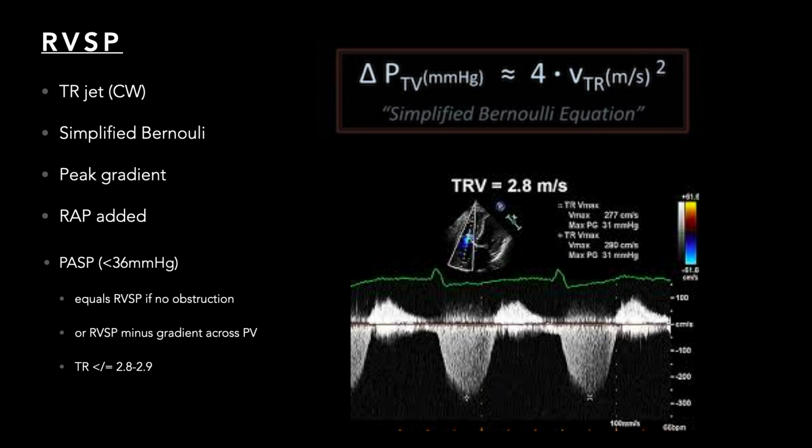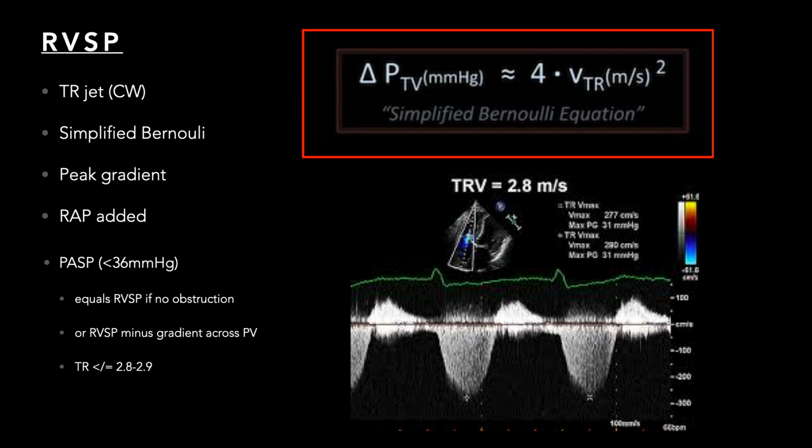Once that TR Vmax has been measured, the simplified or modified Bernoulli equation converts this velocity into a pressure change. So the pressure is equal to 4V squared, which is here on the slide. In the absence of any gradient across the pulmonary valve, RVSP is equal to systolic pulmonary artery pressure.